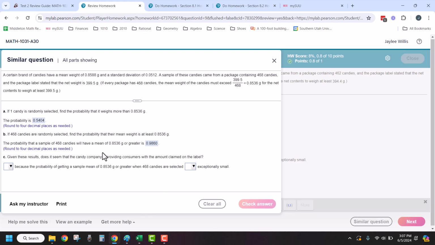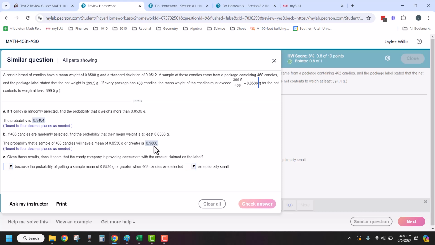So that's how you would apply the central limit theorem. And basically what this means is if you randomly select 468 candies, which they said is the size of a candy package, the probability that their mean is at least this amount is 98.6%. And so the company is claiming that the net weight of their candy packages is 399.5, which is where this number came from, because they averaged it out for each candy.